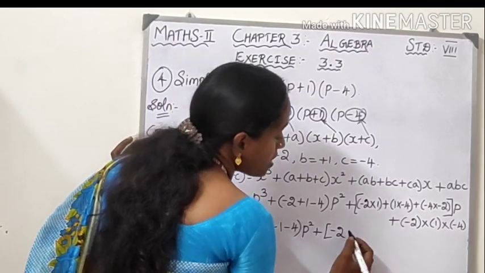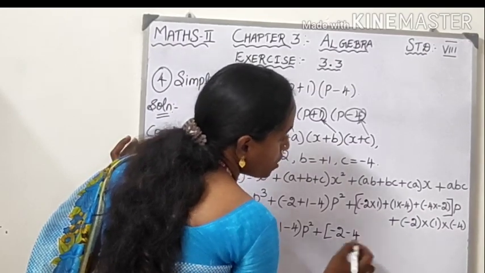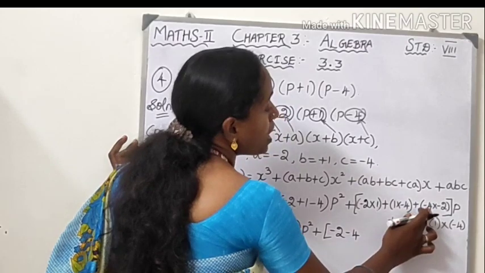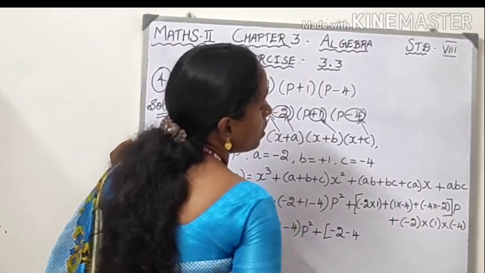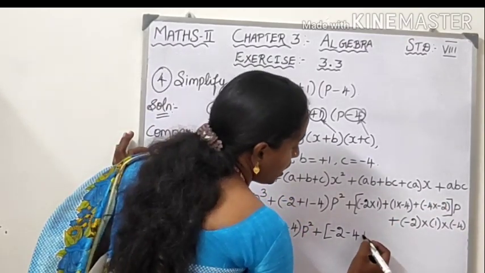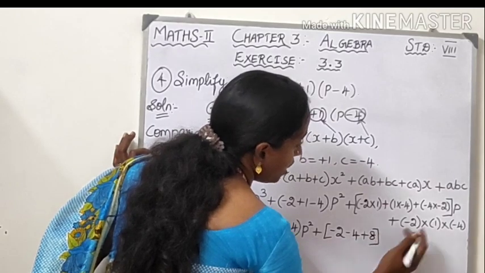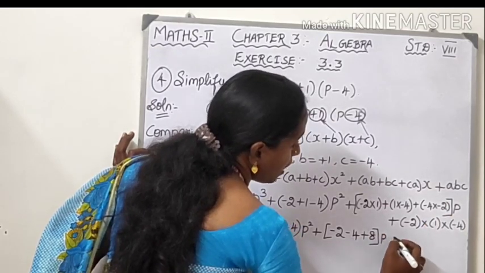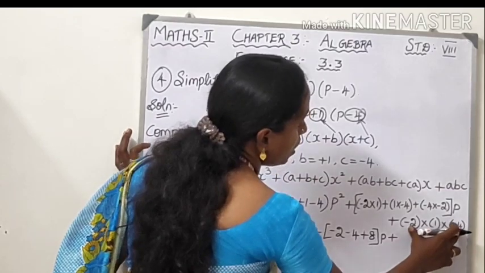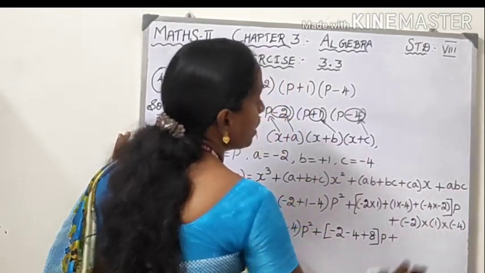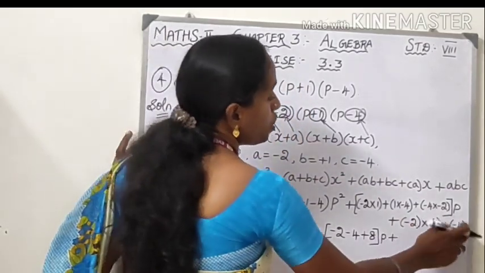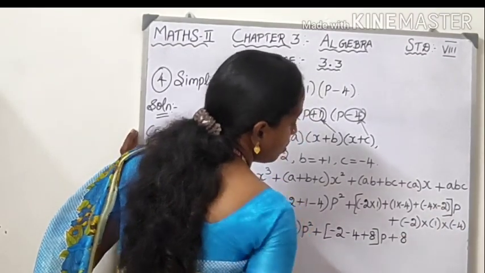So plus into minus, minus. So minus 2 minus 4. Here minus 4 into minus 2, so you will get plus 8. So you can write here plus 8. Close the bracket. Next we will get p plus, multiply all these three numbers. Minus 2 into 1, it is minus 2. Minus 2 into minus 4, you will get plus 8.